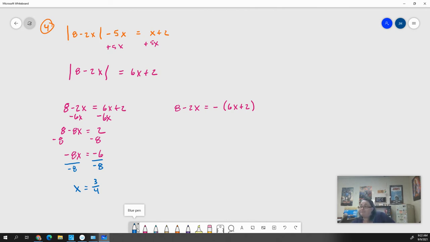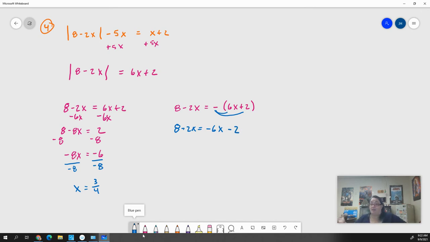Cool like that. We have an extra step on this side because we do have to distribute this negative. So I'm going to be like 8 minus 2x equals, and I'm going to go negative 6x minus 2.